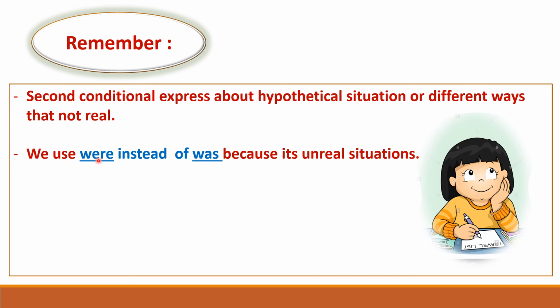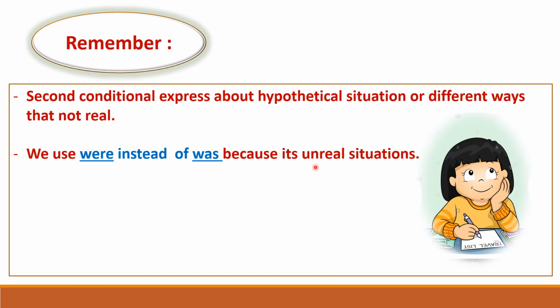We use were instead of was because it is unreal situations. We said about that in some videos and in some things I indicate for it. So نستخدم بدل was نستخدم were بدلا من was because it is unreal situation لأن هي غير حقيقية هذه الحالة.